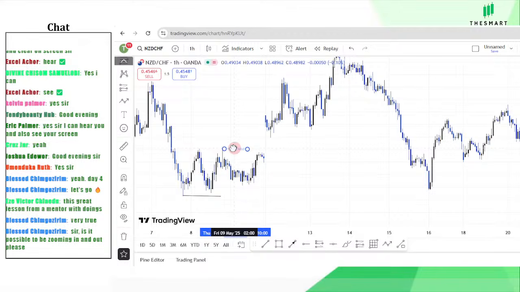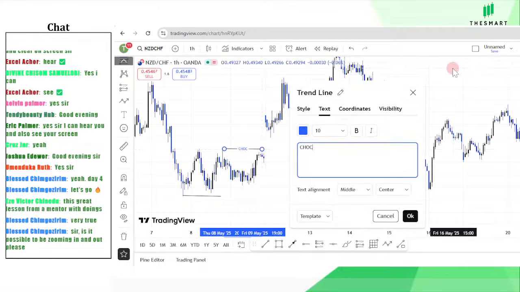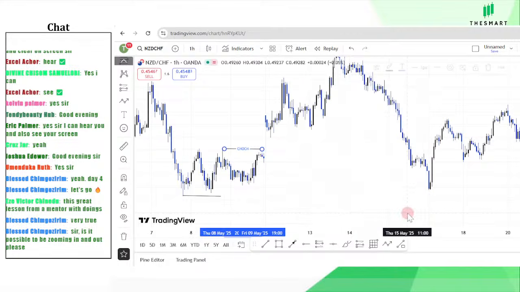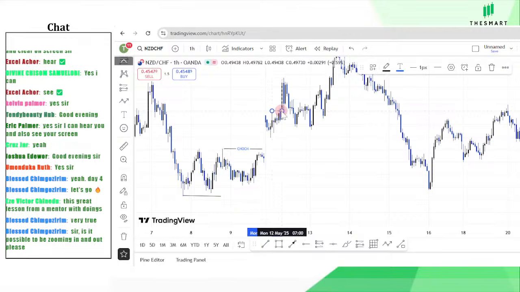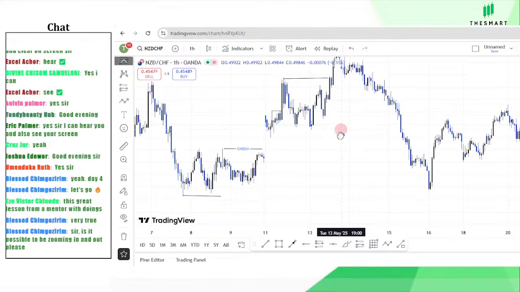Price gave us a change of character at this point. After having this change of character, price continued to the upside, giving us a break of structure at this point. Then we had another break to the upside at this point.